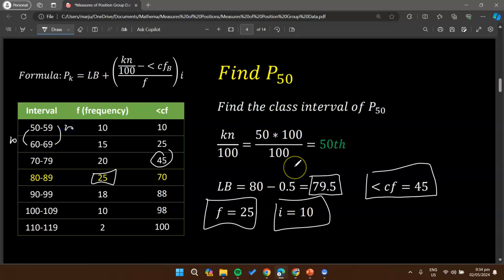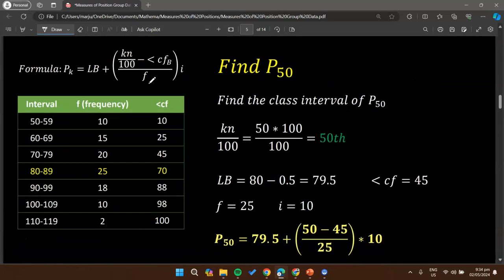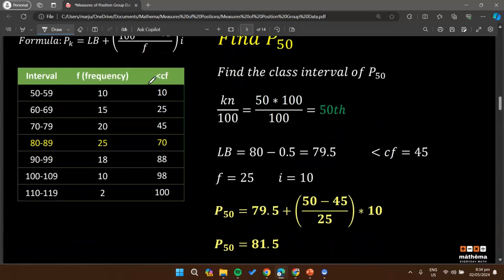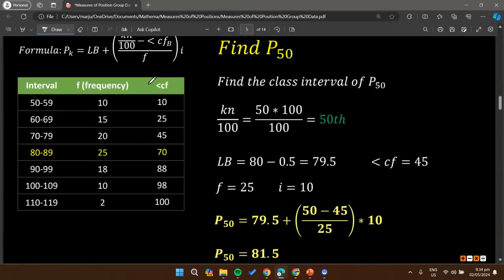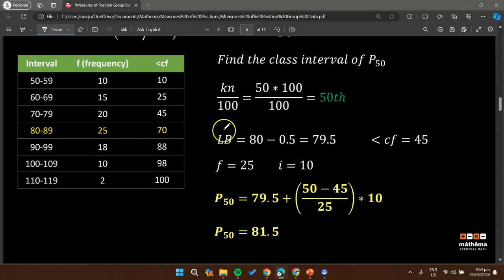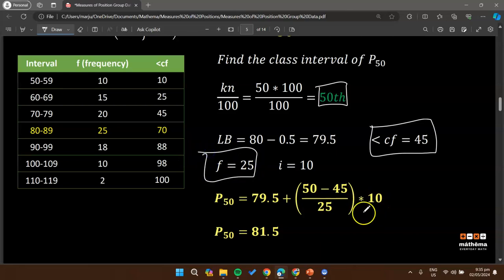So we have now the different parts of our formula. So we are left with what? Inputting our values inside the calculator. So we will get lower boundary LB 79.5 plus 50, minus 45, our less than CF below, over 25, which is our frequency, times I, which is equal to 10.